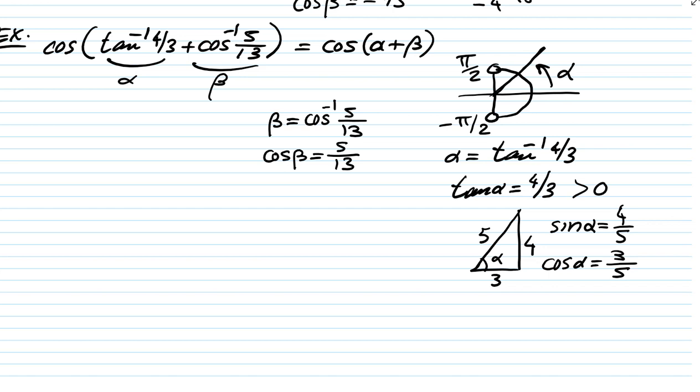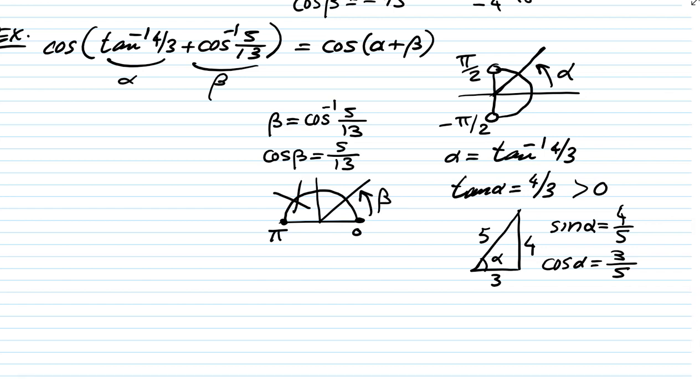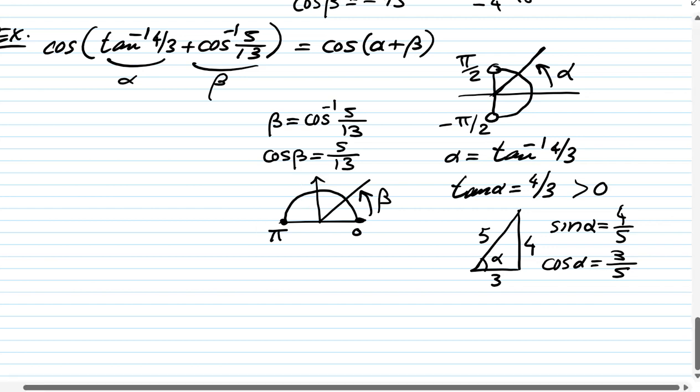Now for cosine, that's the half circle, which shows you the range of inverse cosine from 0 to pi. Cosine beta is positive, so the measure of angle is here. There you go. That's got to be beta, because it cannot be in here because cosine is negative in the second quadrant. True?